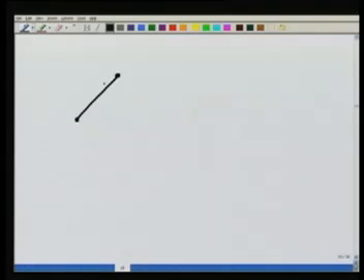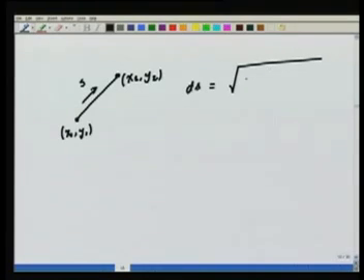Okay. For a generic edge, let's say this is an edge, and let's say my S goes like this, then you see that this has point x1 y1, this has point x2 y2. For this edge, my ds is equal to the square root of dx squared plus dy squared in terms of length.